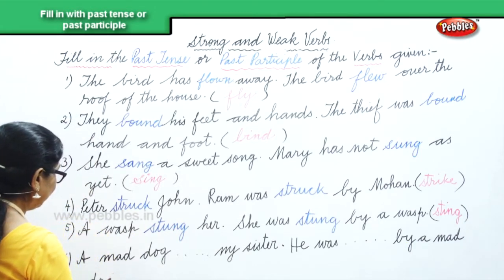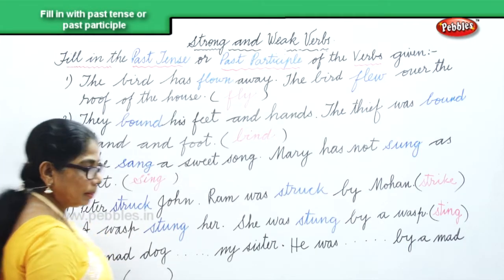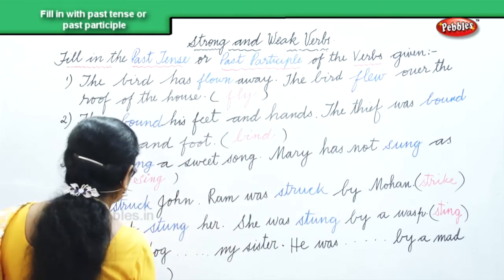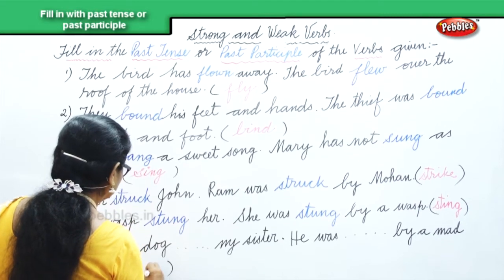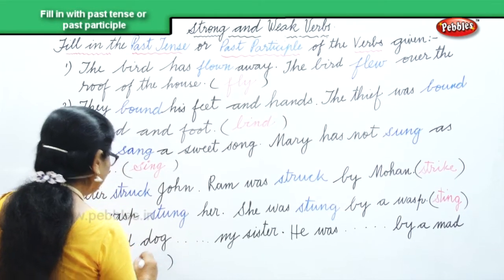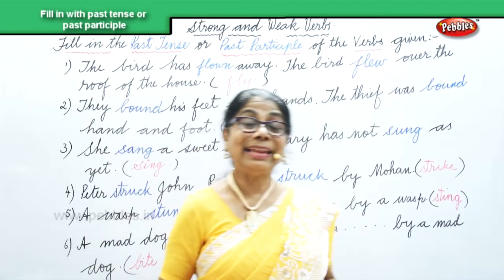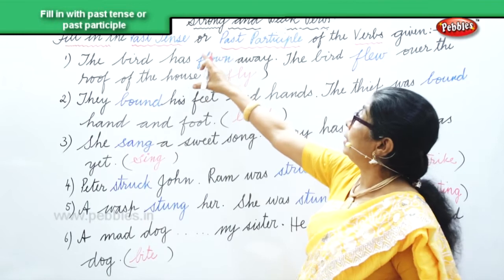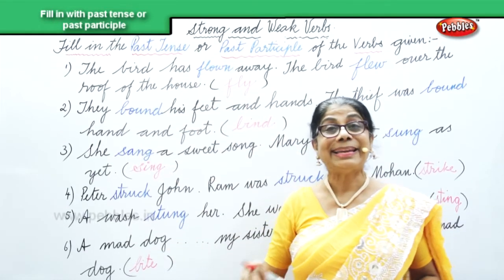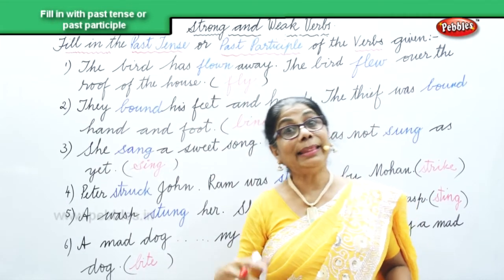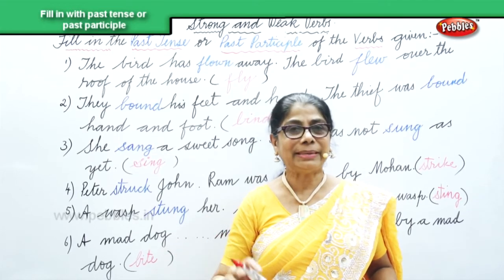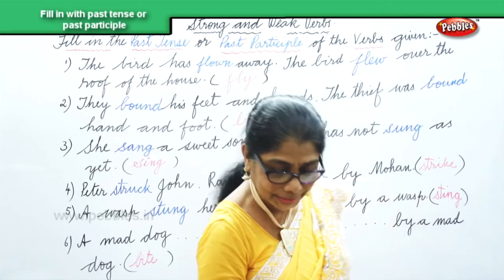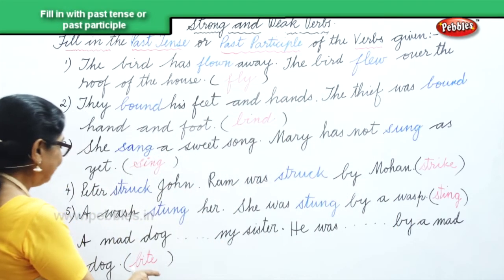And the present tense verb given to us is bite. Bite is present tense, and the past tense is bit. In the past participle, it is bitten. Bite, bit, bitten. Okay? So, bite, bit, bitten.